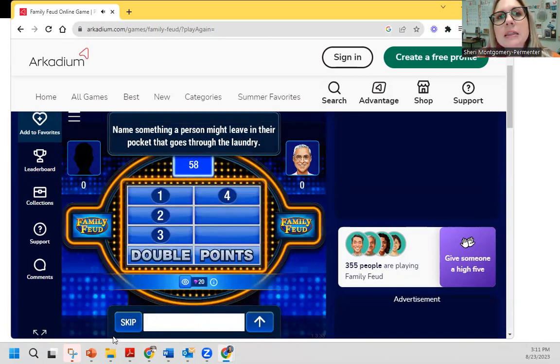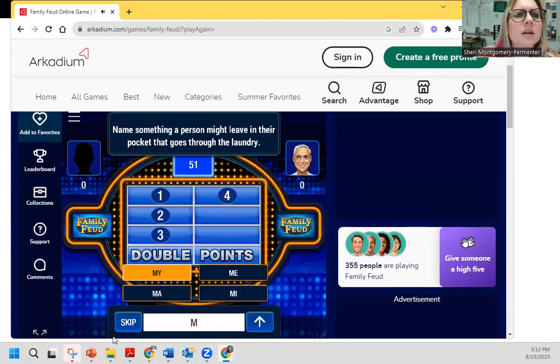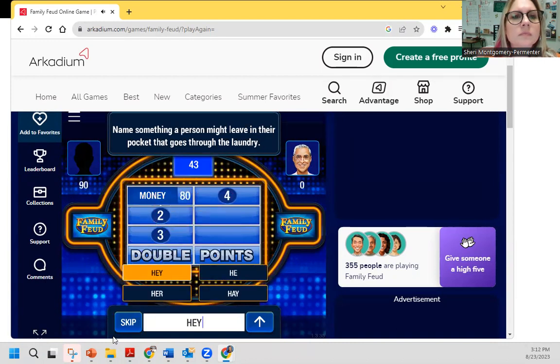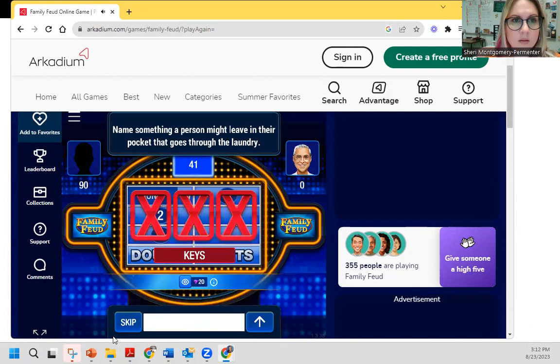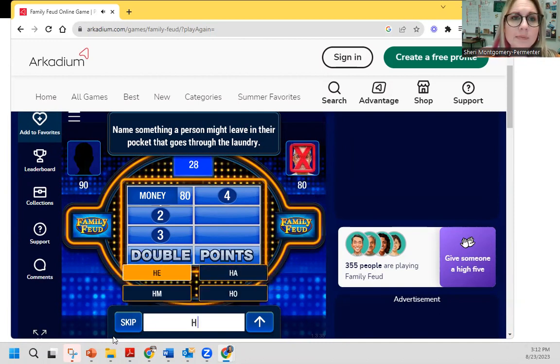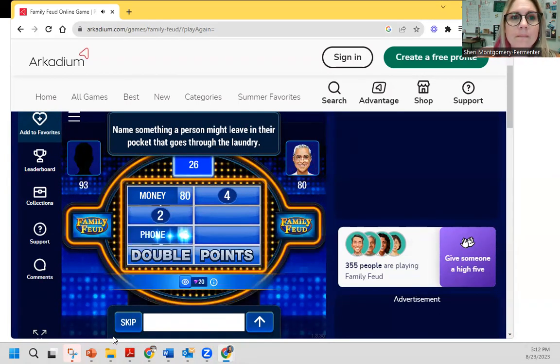Name something a person might leave in their pocket that goes through the laundry. Oh my goodness, I do that all the time. Coins. I feel like this is sometimes dated. I'll put it, but there you go. Phone.